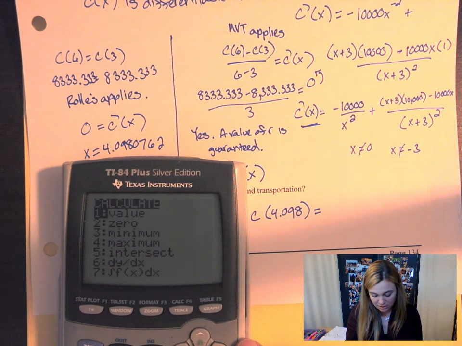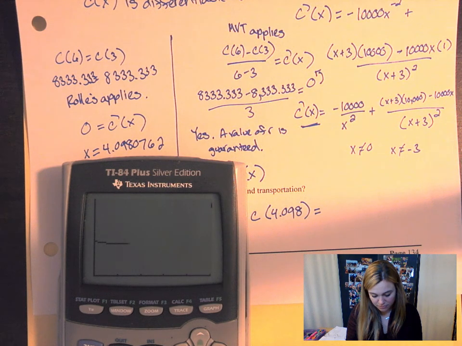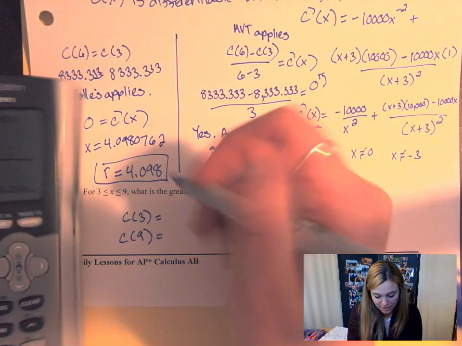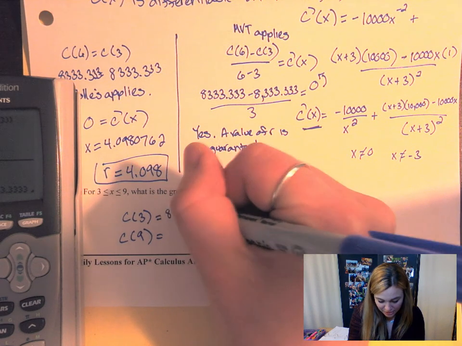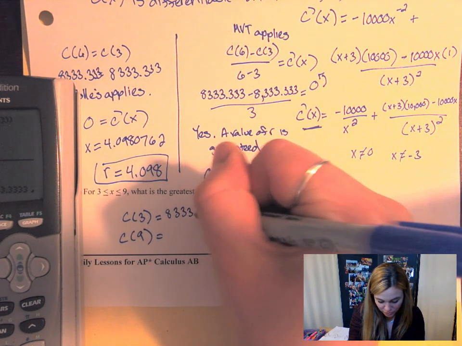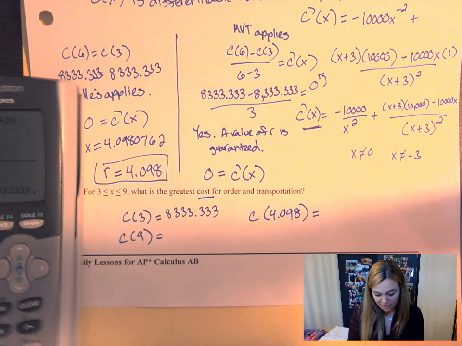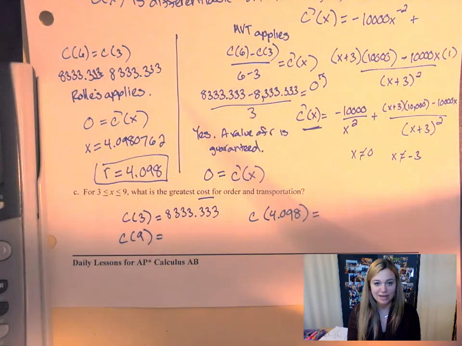Second, calculate. The value at x equals 3, because that's one of my endpoints. And I can see it, I get 8333.333, just like I did before when I got C of 3.